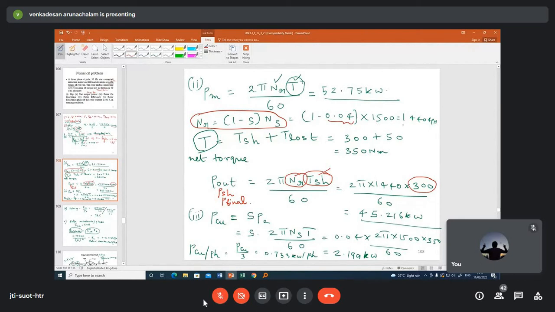This is equal to 1440 RPM. So you substitute everything here, you will get the final output, the useful output or P output or power available in the shaft. It is coming around 45.216 kilowatts. So this we have computed now.